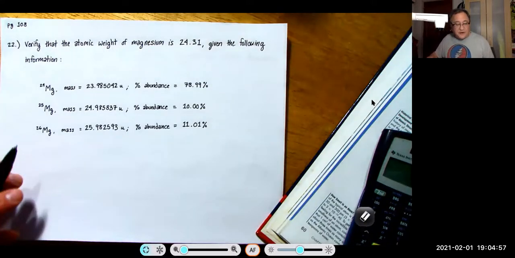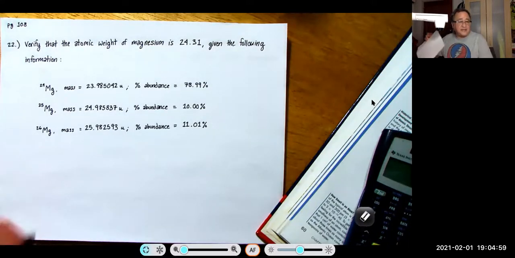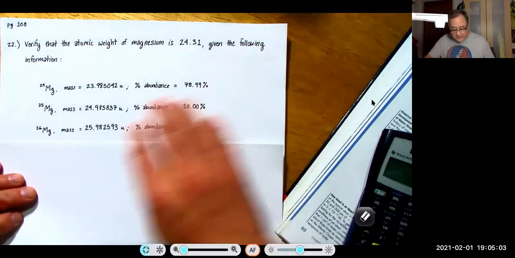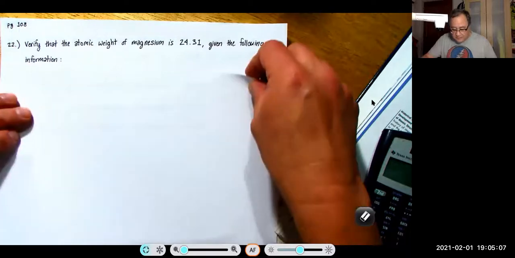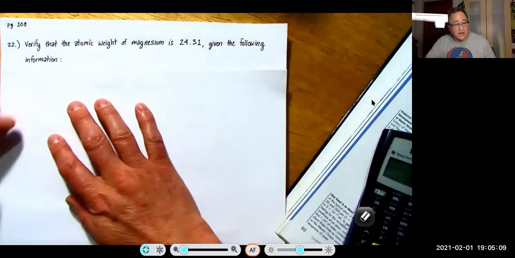This next one says, verify that the atomic weight of magnesium is 24.31, given the following information. I'm not going to look at this information right now. I'm going to show you how to calculate atomic weight.